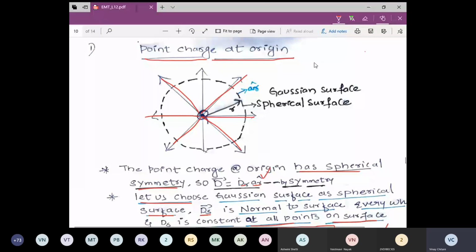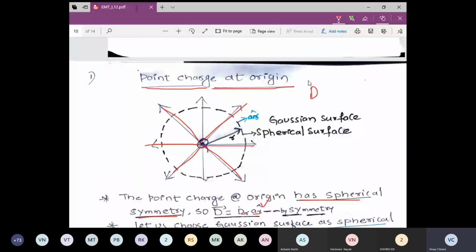Once I say the flux density has spherical symmetry, the next question is: which components of D are present? In spherical symmetry, we have a_r hat, a_theta hat, and a_phi hat. And each of these components is a function of which variables?